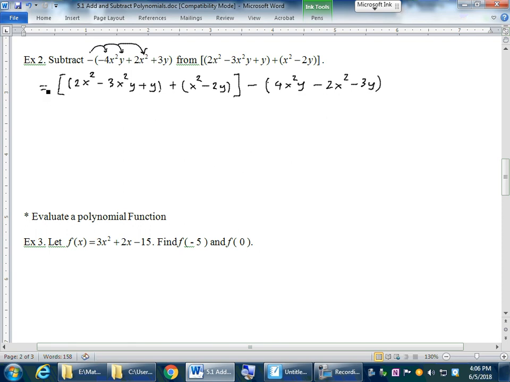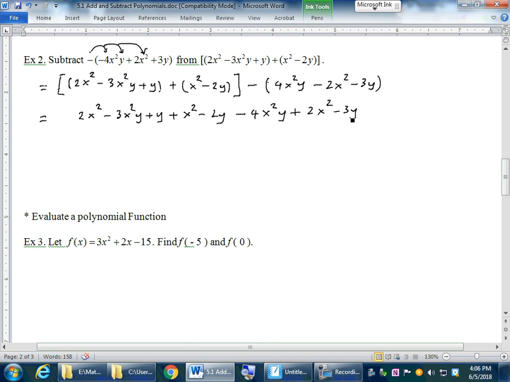So now, continuing as usual, take it out of the bracket and into parentheses, that will give me 2x squared minus 3x squared y plus y plus x squared minus 2y. Distributing the negative sign right here, it will be minus 4x squared y plus 2x squared minus 3y.